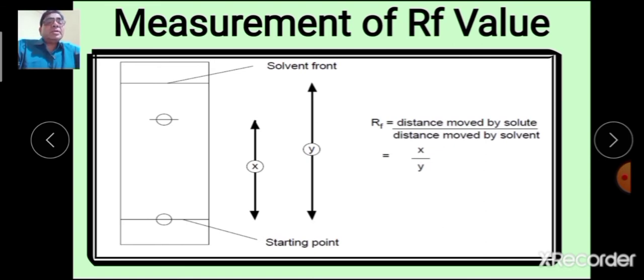Here the distance moved by the solute is x, and the distance moved by the solvent front is y, and therefore the Rf value is x by y, and by this we can have the separation of the components of the mixture on paper chromatography.